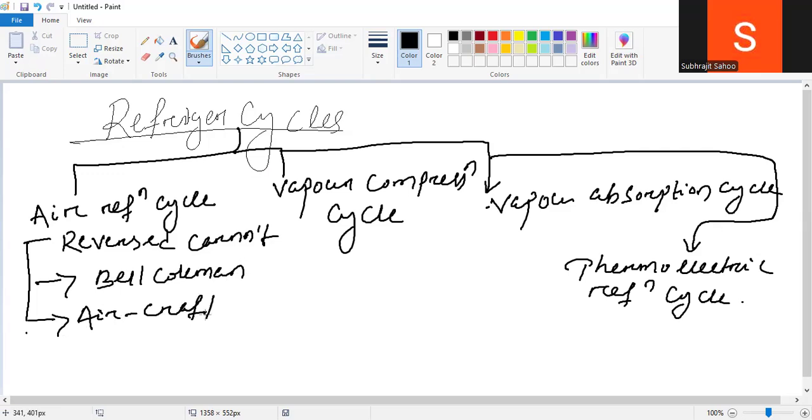Aircraft means aeroplane. In an aeroplane, the cycle we follow is the aircraft refrigeration technique.